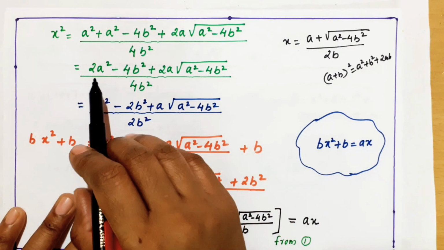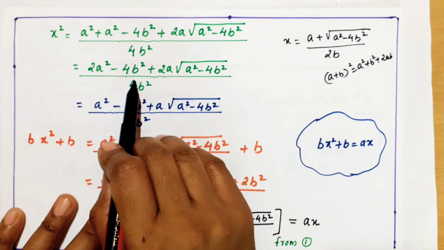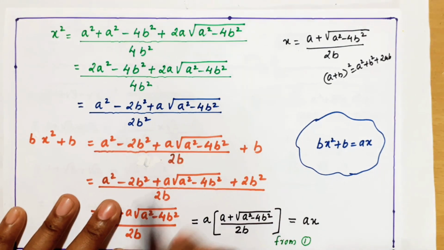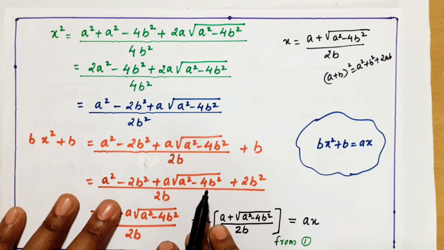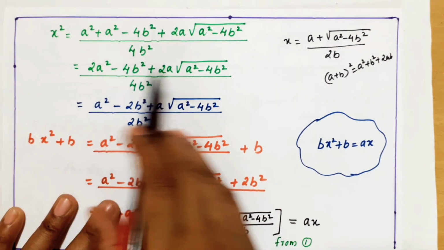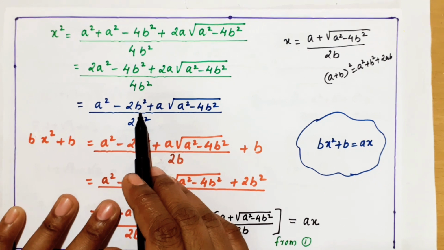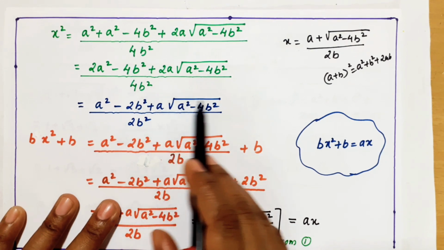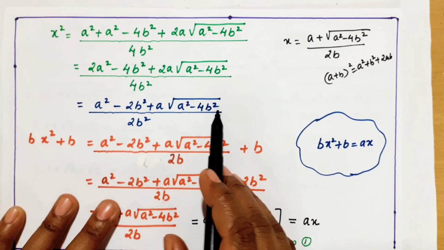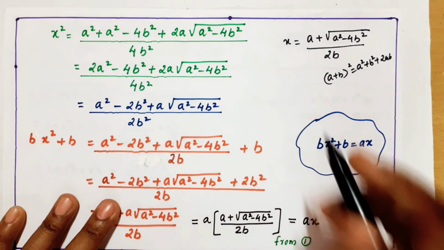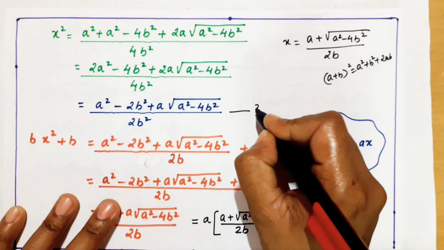A square plus a square, 2a square minus 4b square plus 2a root over a square minus 4b square by 4b square. Now, again if you divide the term with 2, it will be a square minus 2b square plus a root over a square minus 4b square by 2b square. Okay, this is your equation number 2.